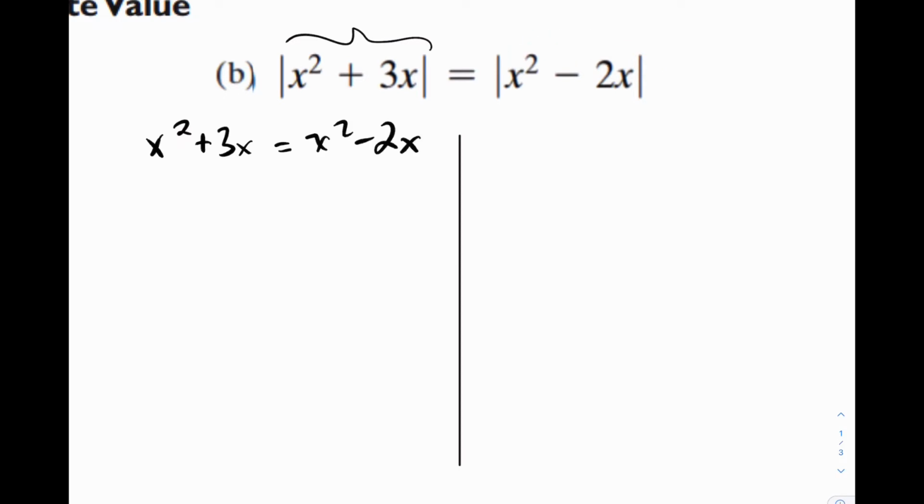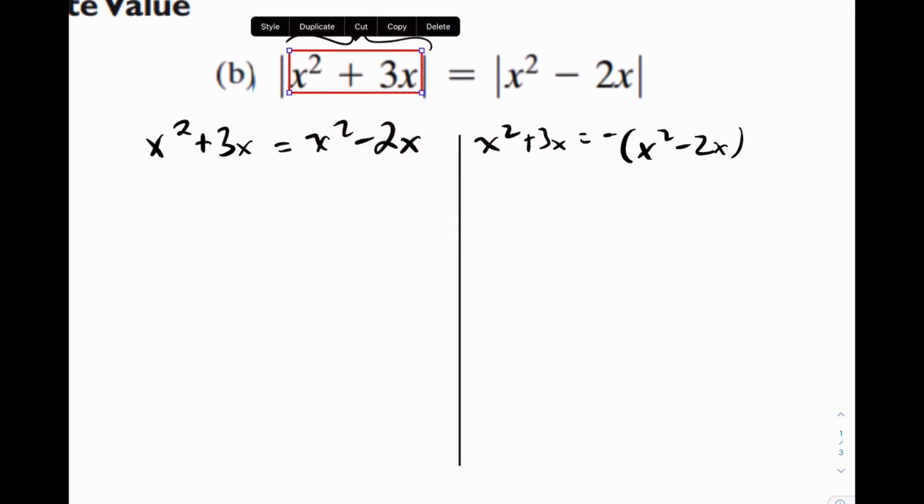So let's just leave them alone. We essentially remove the absolute values, and that's one possibility. The other possibility would be this x squared plus 3x would equal the negation of x squared minus 2x. So essentially, we're thinking of this thing right here as your box, and we're applying it the exact same way with the absolute value side over here.